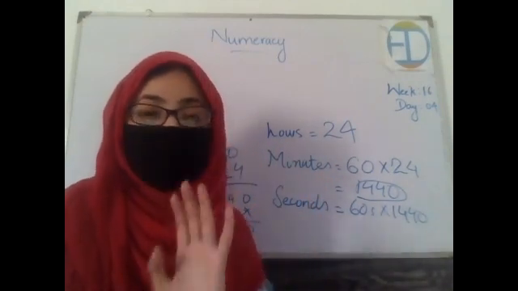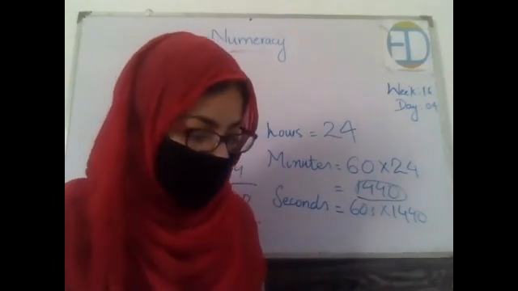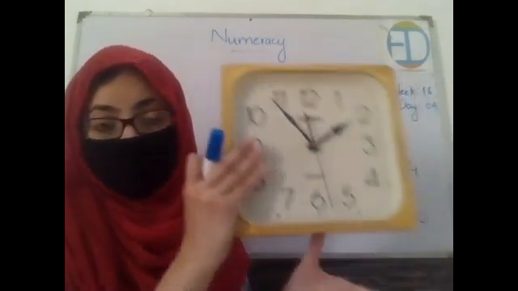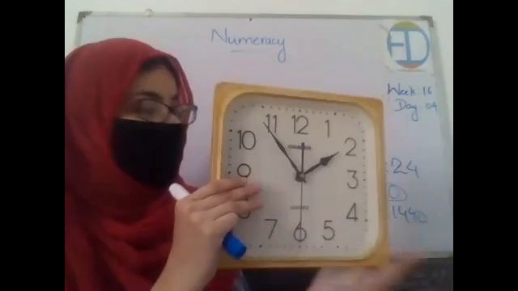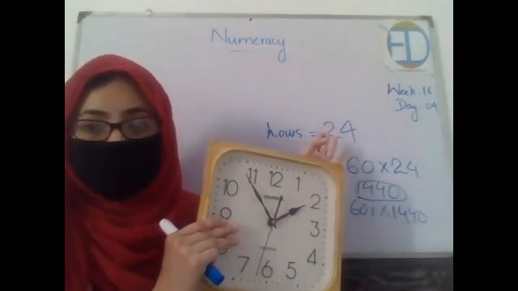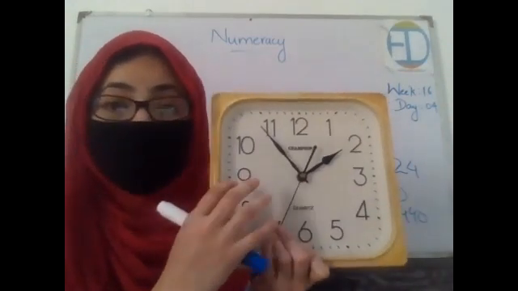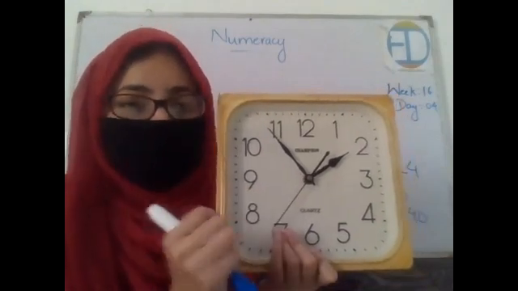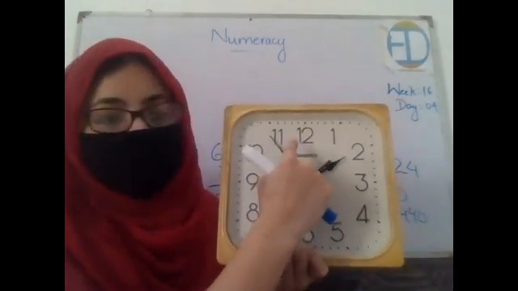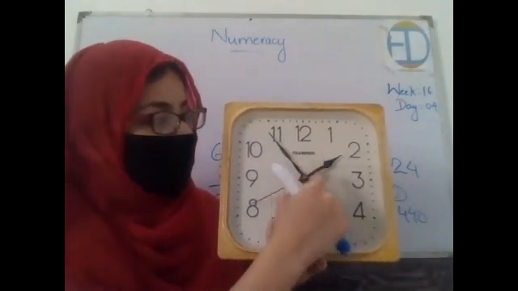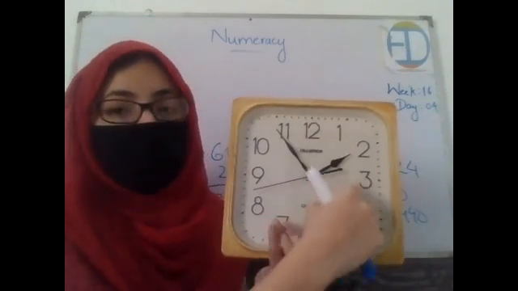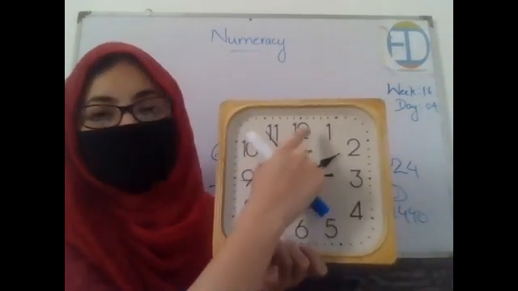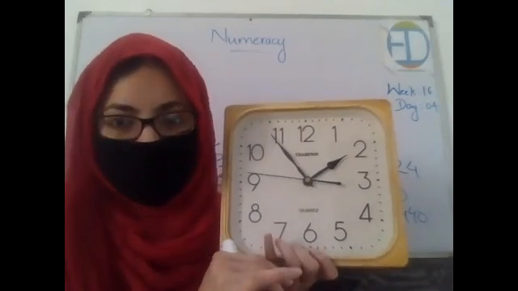Okay, so now let's move forward. If we were discussing the clock, we discussed that we have 24 hours in a day, and the 24 digits are not written on this clock, right? So this means that when the hour hand starts from here and completes one turn, half the day has passed.